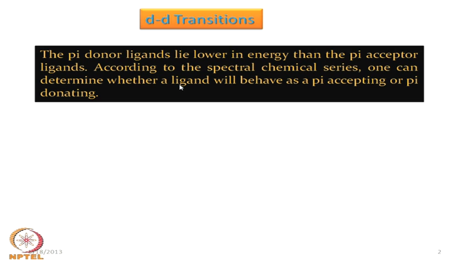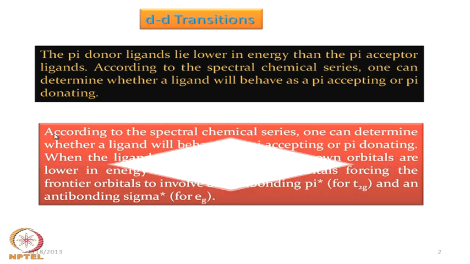But there are others where pi donor ligands and pi acceptor ligands are also available for donation as well as acceptance of electronic charge density from the metal ion. According to the spectrochemical series, one can determine whether the ligand will behave as pi accepting or pi donating. So, depending upon the mechanism of electronic charge transition, we can have some ligands as pi acceptor ligands and some as pi donor ligands.